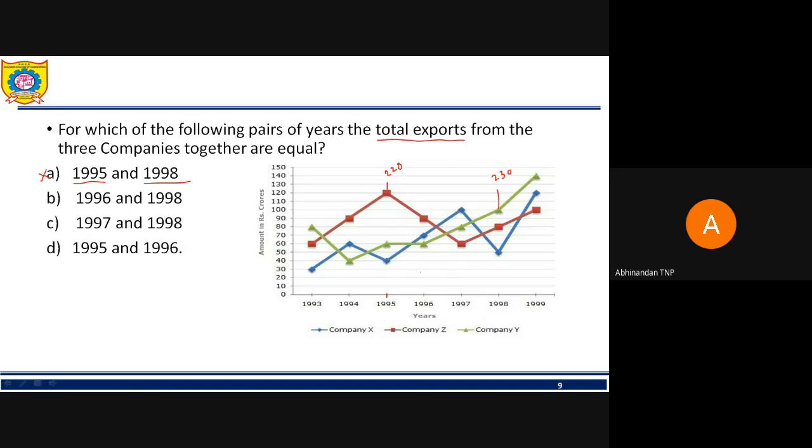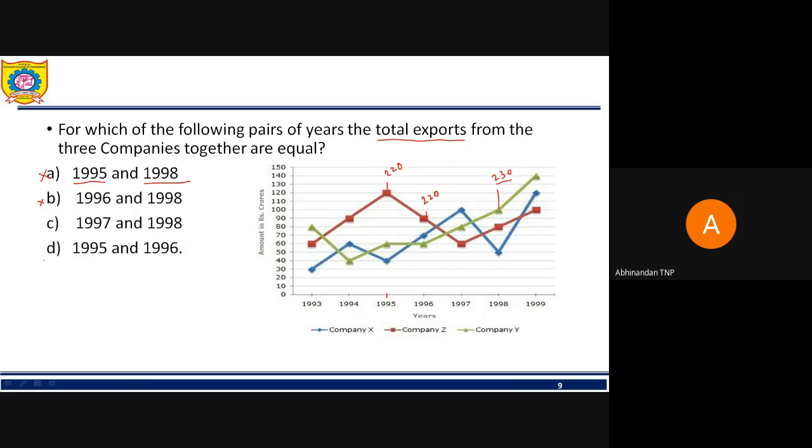96 and 98. You can go for 96, this is 60, then 70, then 90. So 96 it is 220, but 98 it is 230, so this is also not correct, right?